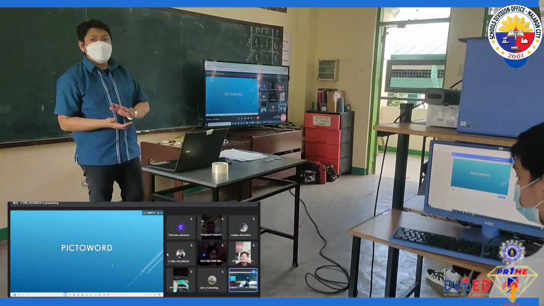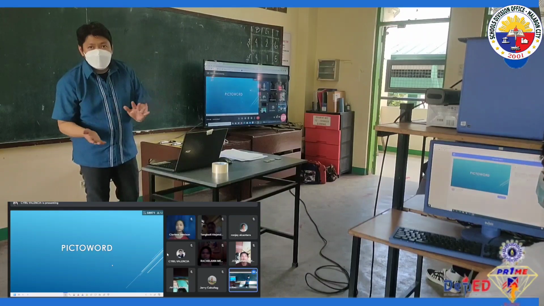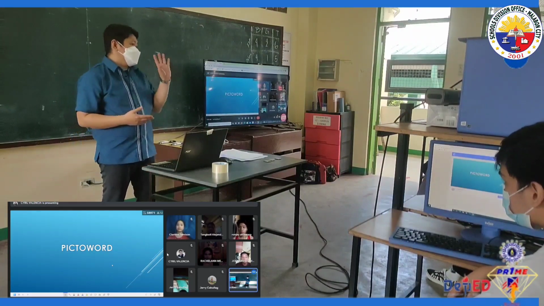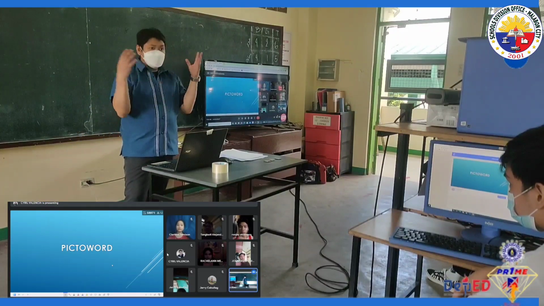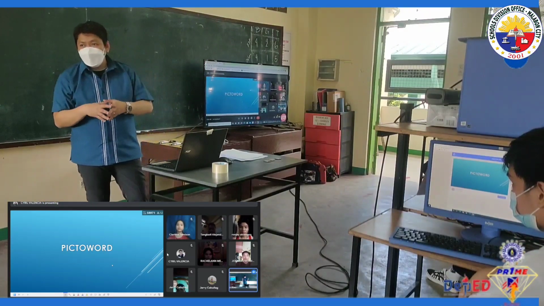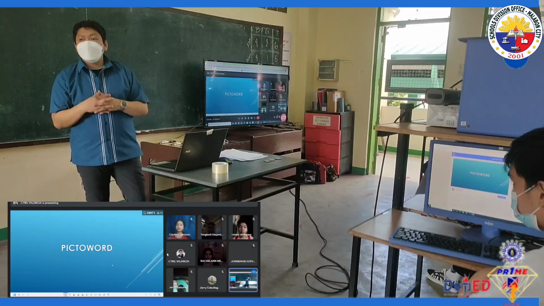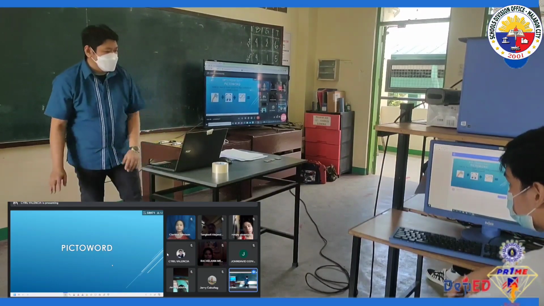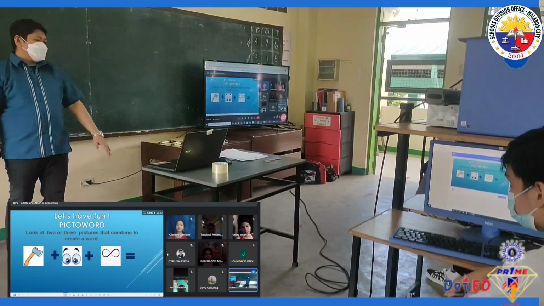Okay, now, moving on. We will have another activity. This activity has something to do with identifying pictures. So, you need to analyze pictures, then at the same time, try to combine them and you will get the correct answer. So, we will have here the first example.